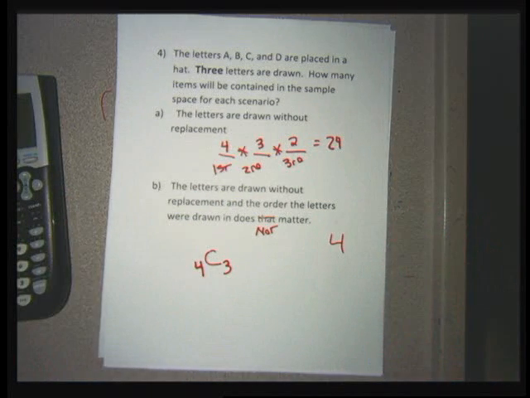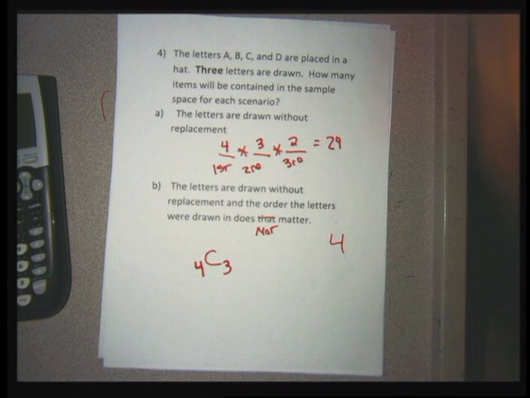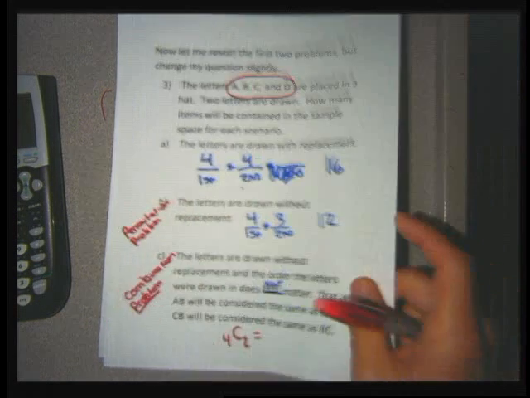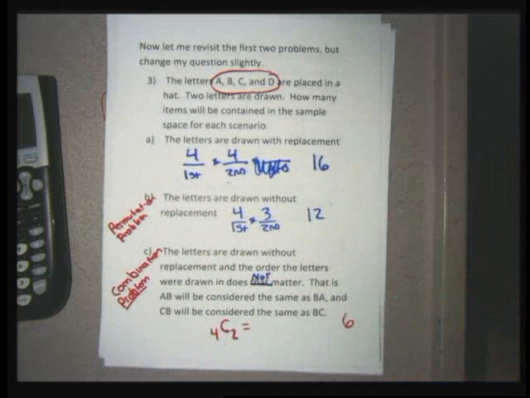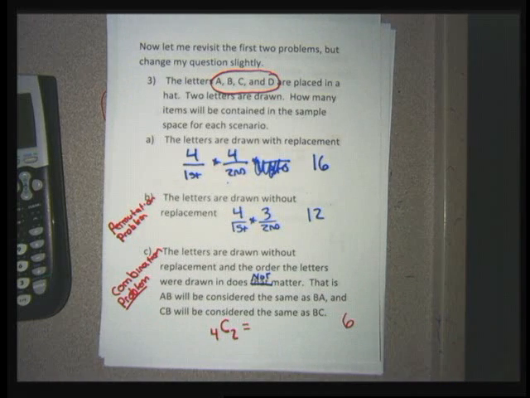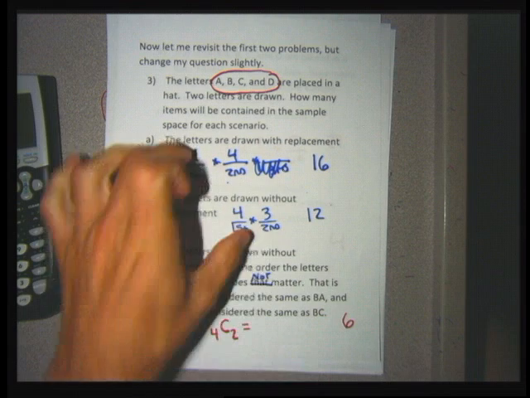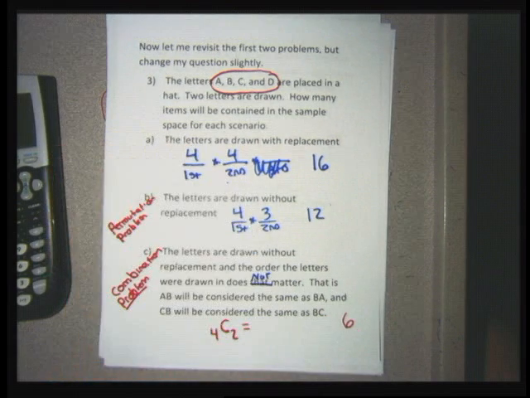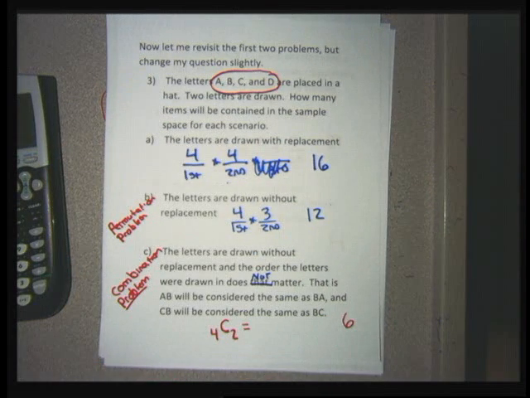So in a second, I'll show you how to do part B here with a formula, as well as part C for this one with a formula. So the counting principle that we use to multiply to get the size of the sample space implies the order's important.